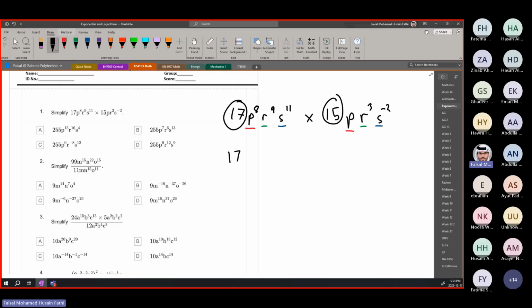So you're going to do 17 times 15. Okay. Do the p separately. So p to the power of 8 times p. Then you have r to the power of 9 times r to the power of 3. Then you have s to the power of 11 times s to the power of minus 2.